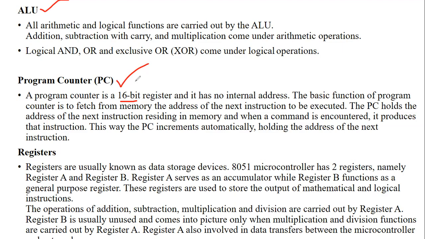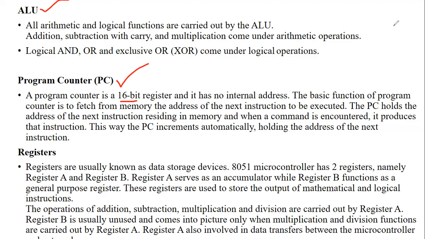What is the function of this program counter? The basic function of the program counter is to fetch from memory the address of the next instruction that is to be executed. So program counter is holding the address of the next instruction that is to be executed.